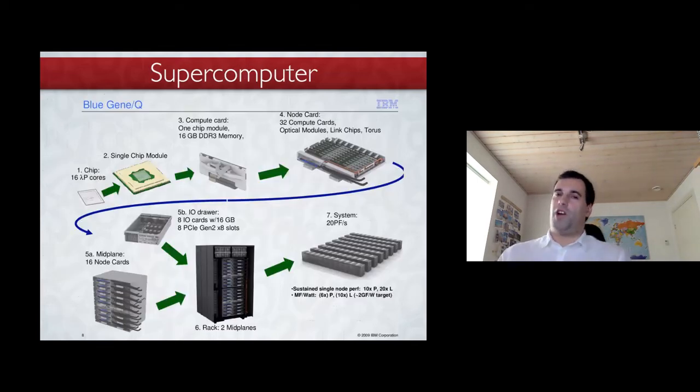Maybe something about how supercomputers are actually made up. Here's a diagram showing how they are built up. This is an old supercomputer from 2009, but I think the illustration is still about right. You have chips, and you build these chips into modules, and these cards you stack into one node card, then put many node cards on top of each other, and then have multiple of these racks.